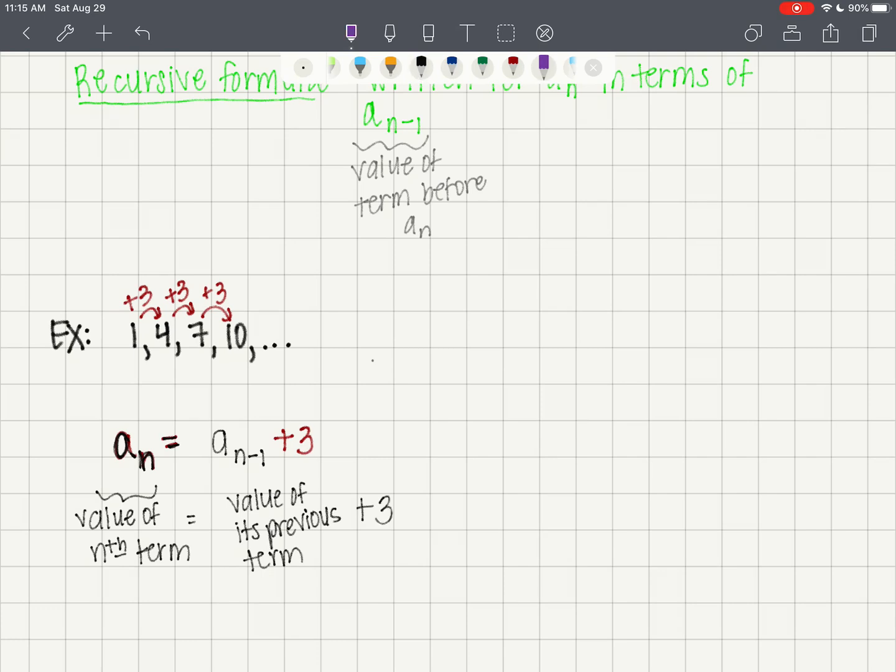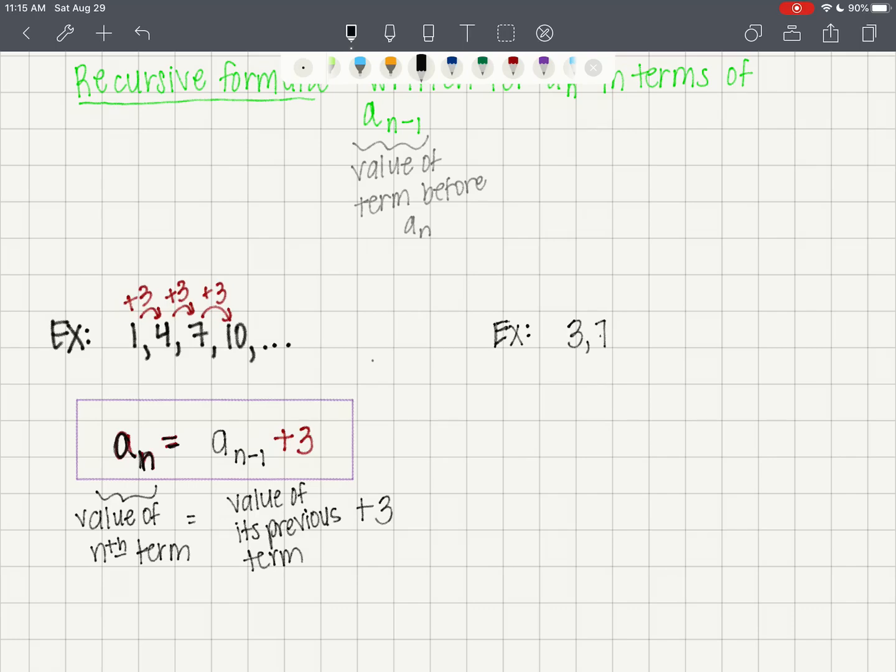This is called the recursive formula. The recursive formula is definitely much easier to use. It's easier to define and come up with. However, it's not always the nicest when you have to find just one term that's way deep in the sequence.